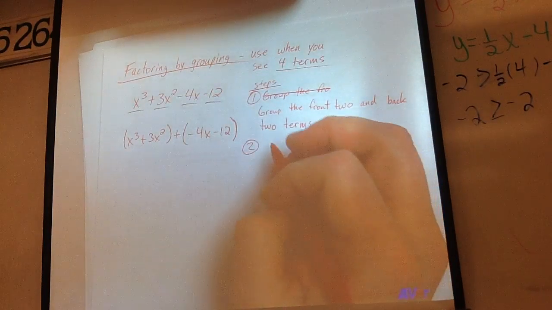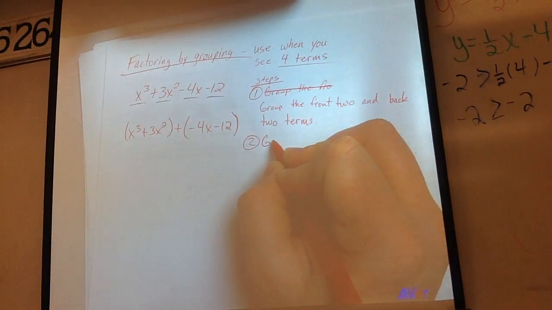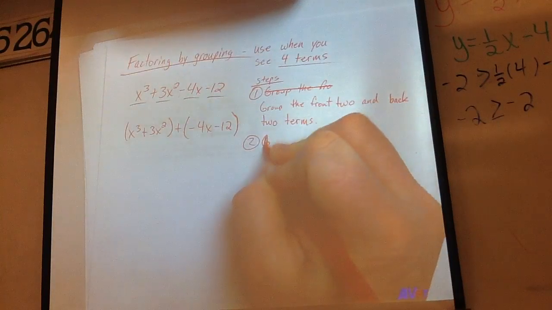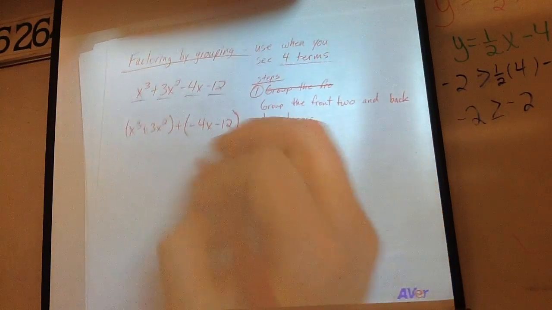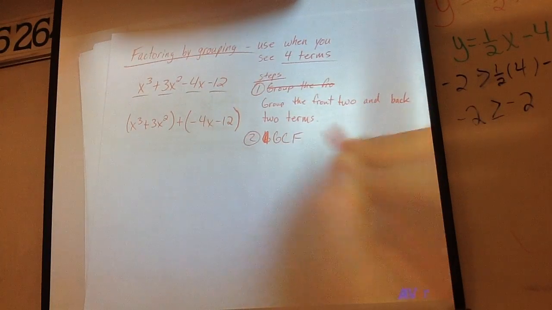Do the greatest common factor factoring for each set of parentheses. Sorry, I was distracted. Can I abbreviate?